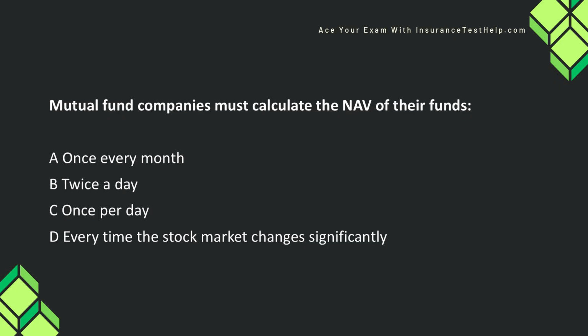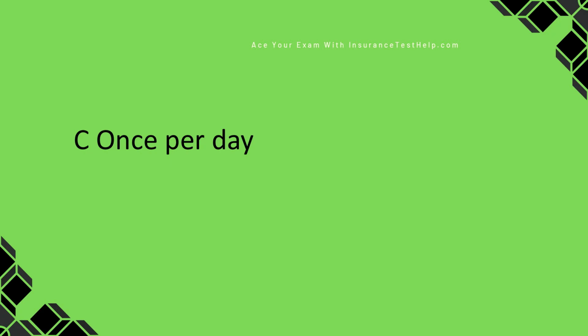Mutual fund companies must calculate the NAV of their funds, A, once a month, B, twice a day, C, once a day, D, every time the stock market changes significantly. So I would definitely know this. The correct answer is once a day. NAV is calculated at the closing of the stock exchange, and I would know that it is forward pricing.